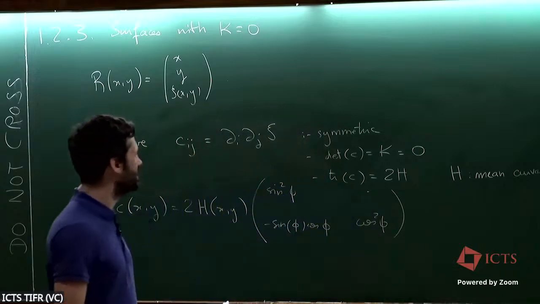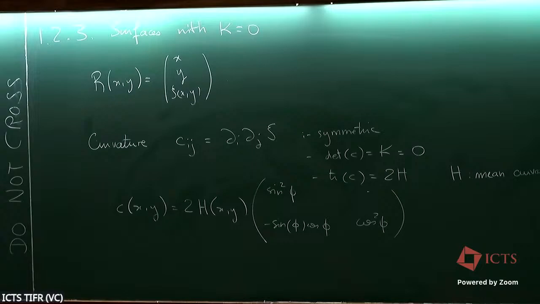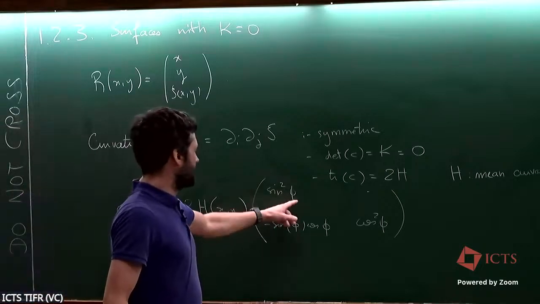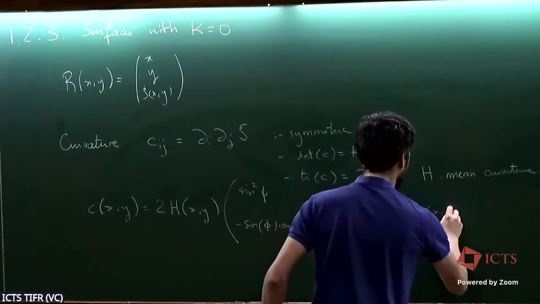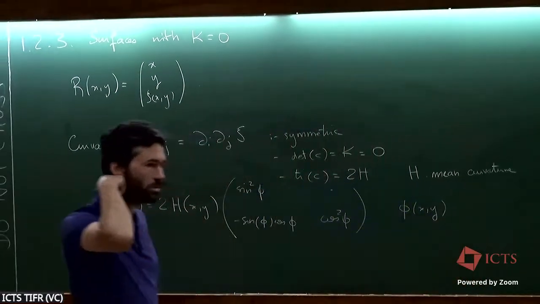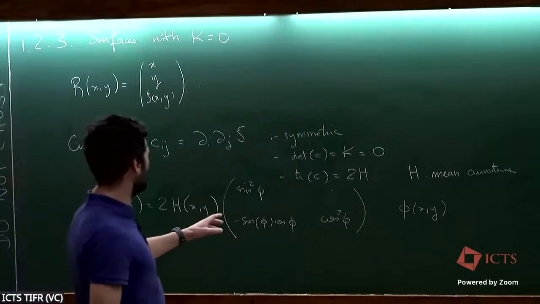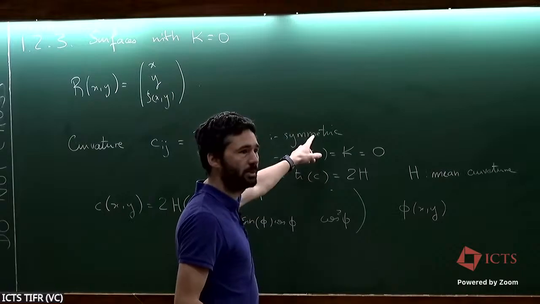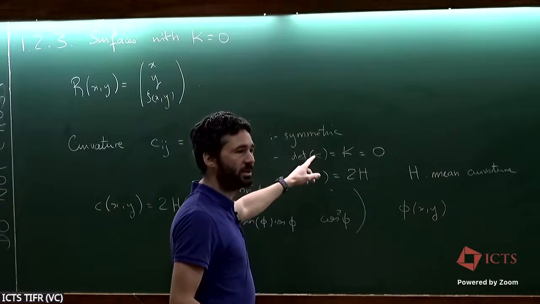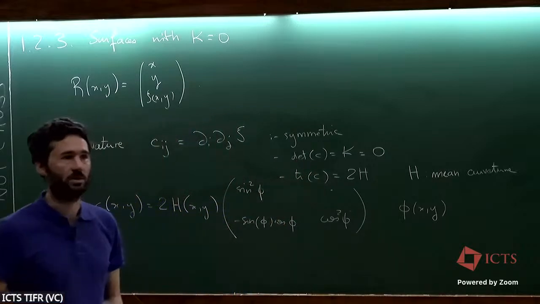You can check that this matrix satisfies all this. So there is this phi, which is an angle and depends on the coordinates. If you take 2H out of C, you have a symmetric matrix with zero determinant and trace one, so there is only one free parameter, which is phi.